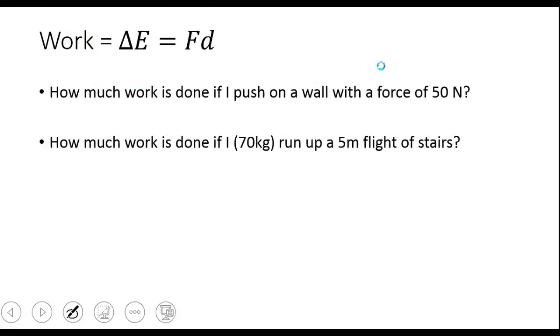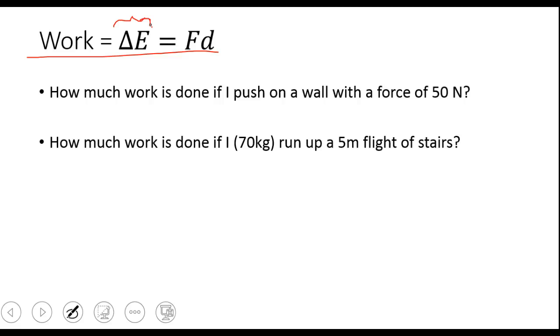All right. I'm going to move on to this idea of work. And work kind of has two definitions. One is the change in energy from beginning to end of something. If the energy of a system is changed, then that is the work that has been done. So if I have a person who starts at 0 meters per second and they go up to 10 meters a second, then the energy of that person or that one system has changed.